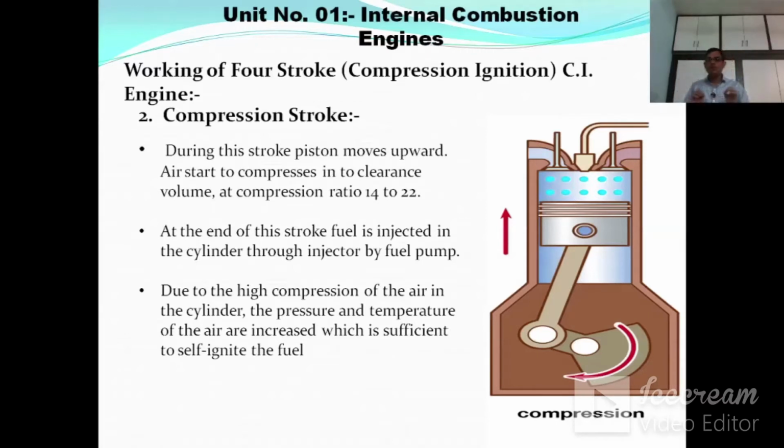The compression ratio is 14 to 22. At the end of the compression stroke, a fuel injector is mounted in the compression ignition engine. There is no spark plug, just a fuel injector. Fuel is injected through the fuel pump and spread into the compressed air, and the mixture is formed.